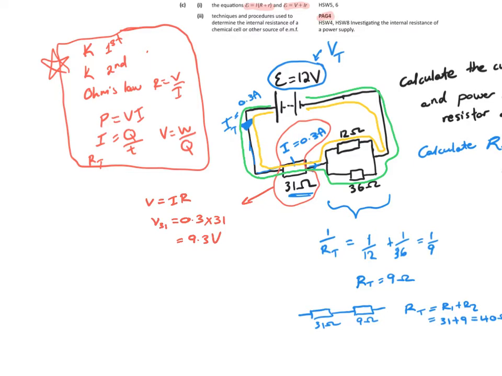So the sum of EMF should be equal to the sum of the PDs across a closed loop. So the EMF is 12, and then for the yellow loop, I already calculated 9.3 volts across the 31 ohm resistor. So how much potential difference will be across the 12 ohm resistor? So just simply take away 9.3 from 12. That will give you 2.7.